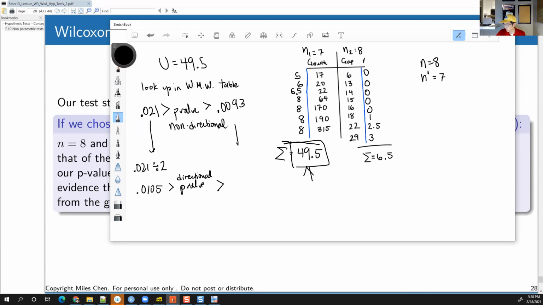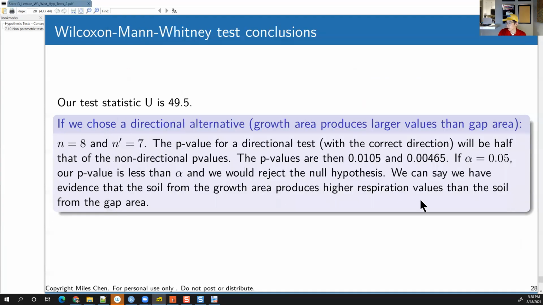And 0.0093 divided by 2 gives me 0.00465. So my p-values for a directional test would be between basically 1% and 1/2 of 1%.